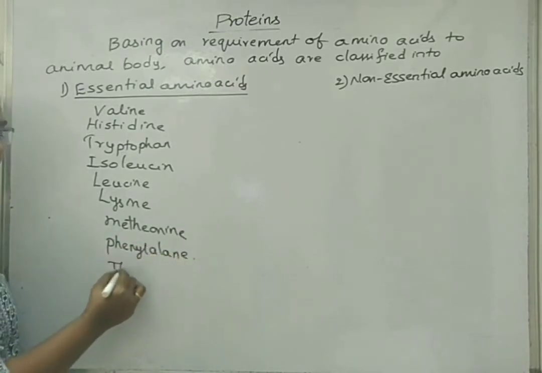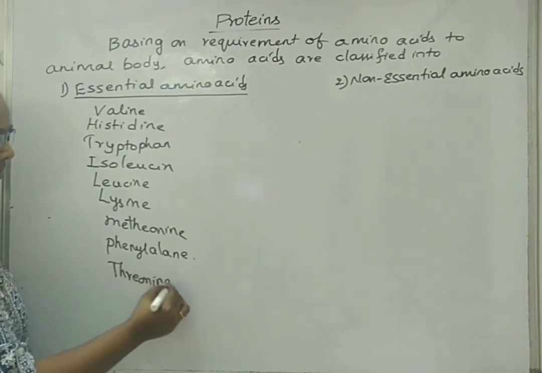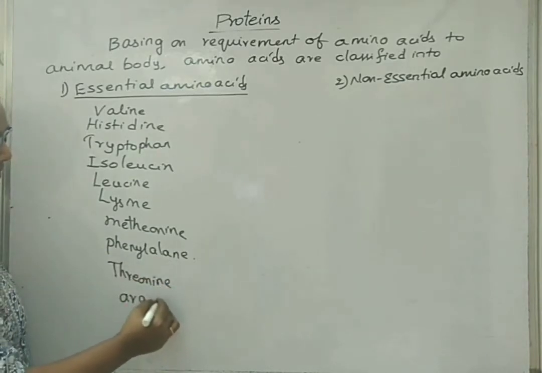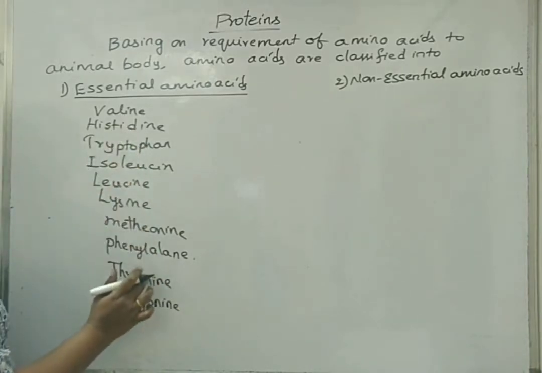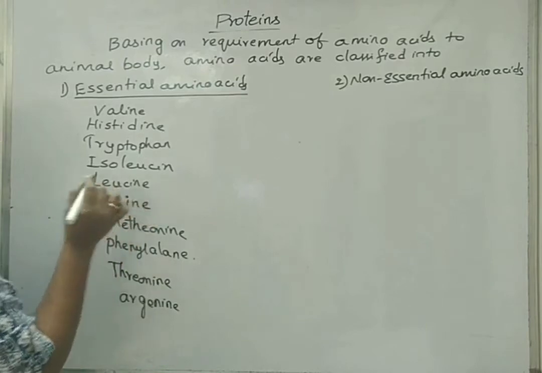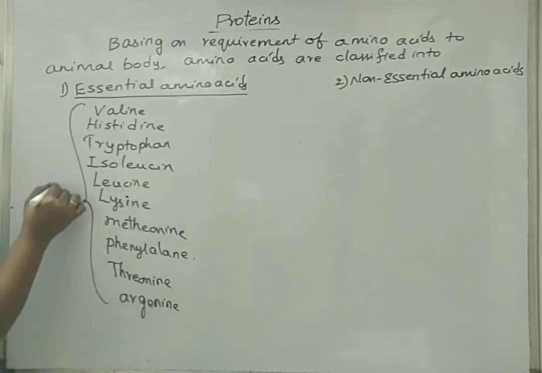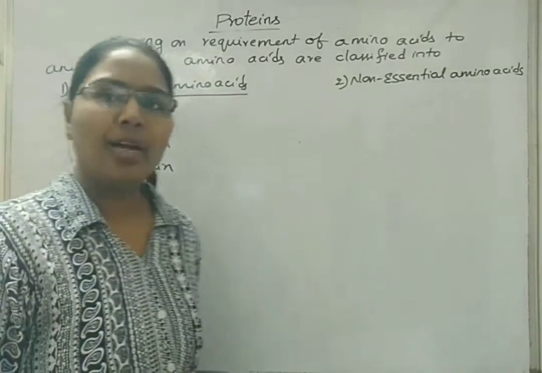Okay, next, threonine, arginine. So totally 1, 2, 3, 4, 5, 6, 7, 8, 9, 10. So here we are seeing 10 essential amino acids.